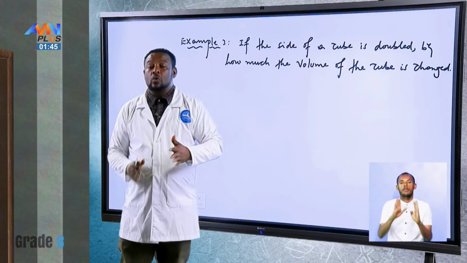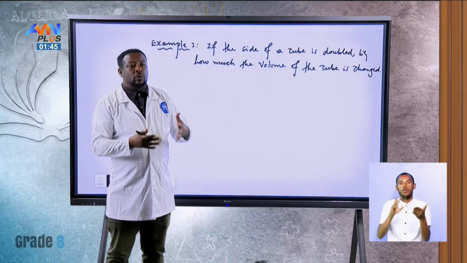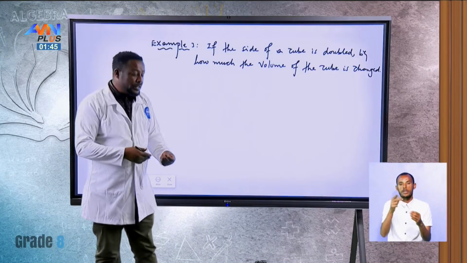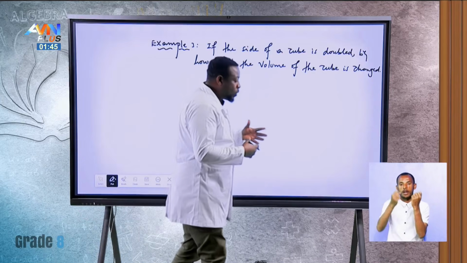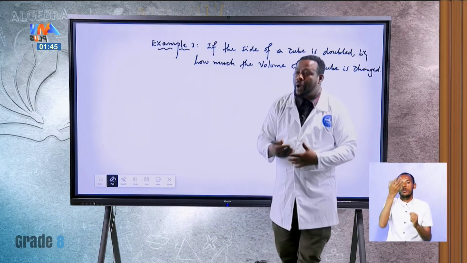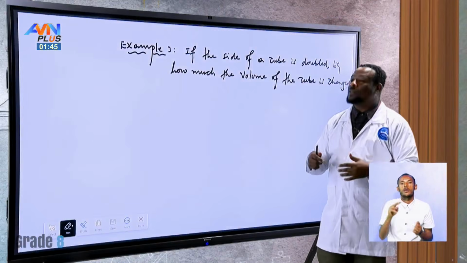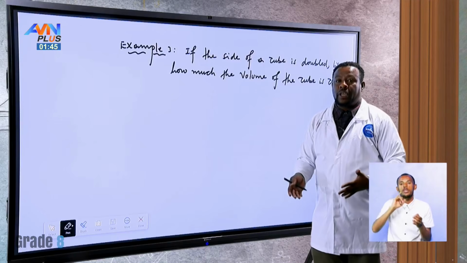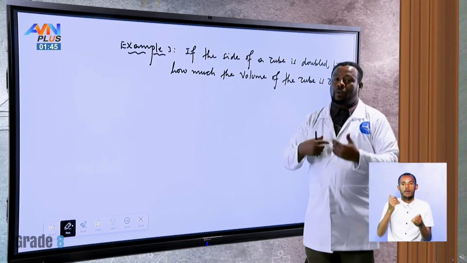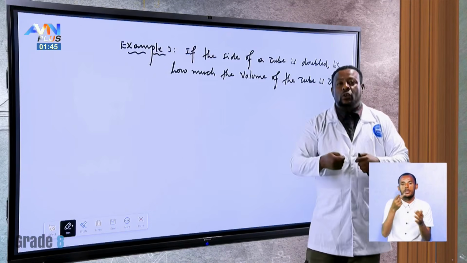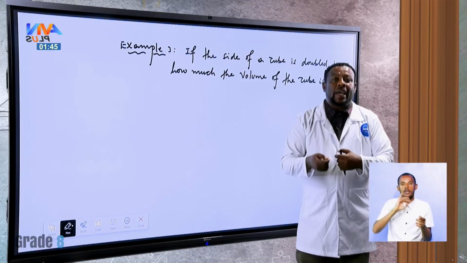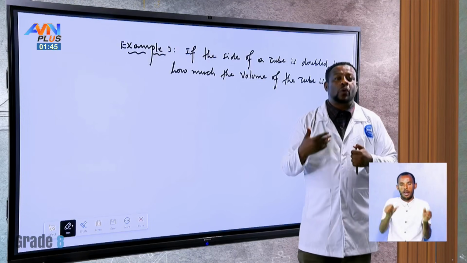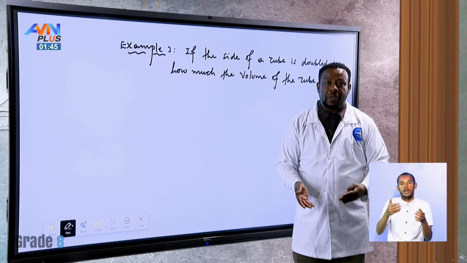Let me remind you of one thing that we did before. We've seen something regarding the comparison of a square when the side of the square is changed. In our previous example, we saw that when the side of a square is doubled, the area of the new square is quadrupled, right?